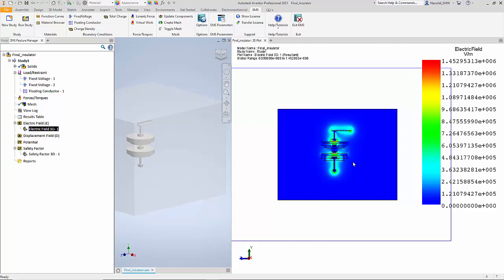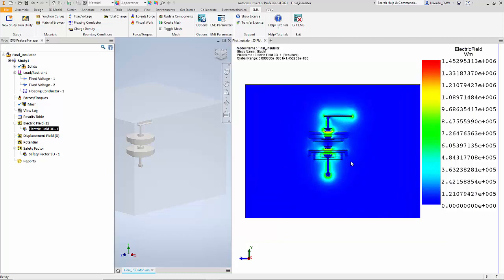Notice that the breakdown can occur not just in the insulator solid component but also in the air surrounding these components. So it's important to be able to visualize the electric field distribution not just in the solid components but also in the air region surrounding them. And this plot gives you a good idea of how the electric field is distributed in the air region.